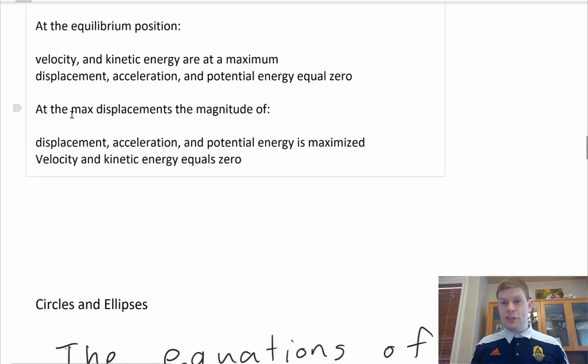At the max displacement, so for a mass spring system, when it stops, it's at one extreme or the other. For a pendulum, when it slows down and stops at one max extreme, your displacement or angular displacement, acceleration or angular acceleration, and your potential energy, all of that is at a maximum. Your force as well, or torque, depending on what you're talking about.